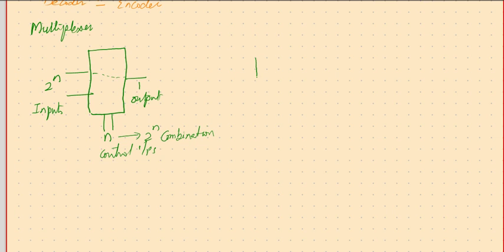So let's simplify our problem and get to a simple 2 to 1 multiplexer. MUX is a shorter form for multiplexer. 2 to 1 means two inputs, one output.